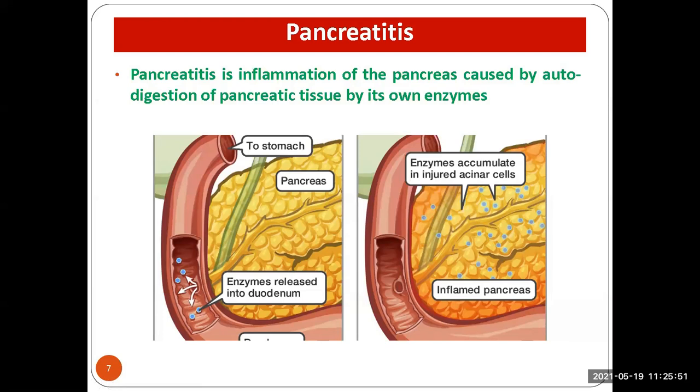Ultimately, the pancreas is inflamed. This is the normal pancreas, and this is the inflamed one. In the normal case, the enzymes are released into the duodenum, and in the abnormal case, enzymes accumulate in the injured acinar cells, and ultimately there is inflammation.